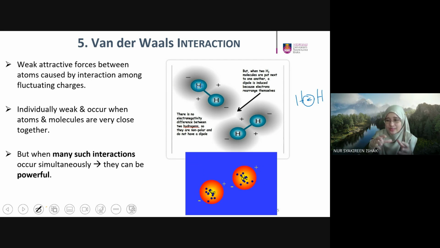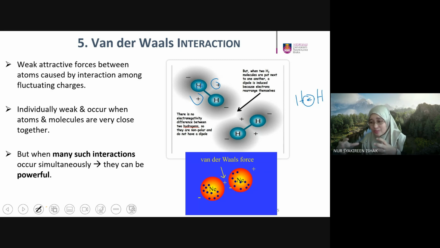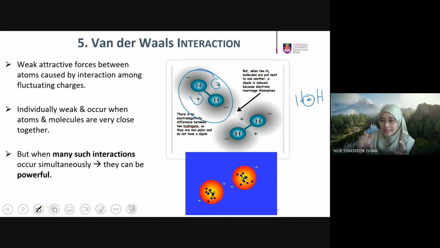At one point, because the electron moves around the molecule, the electron will move to one region of the hydrogen.